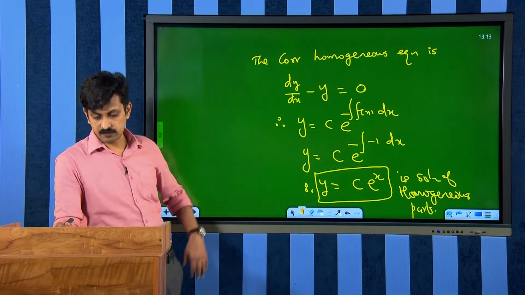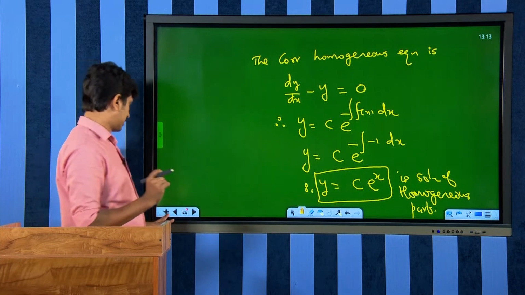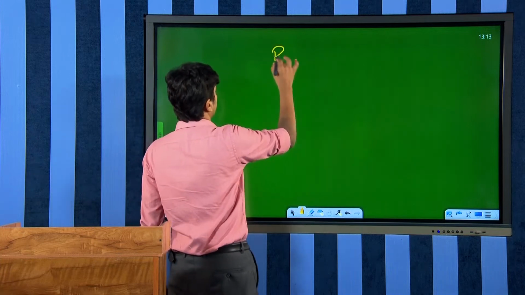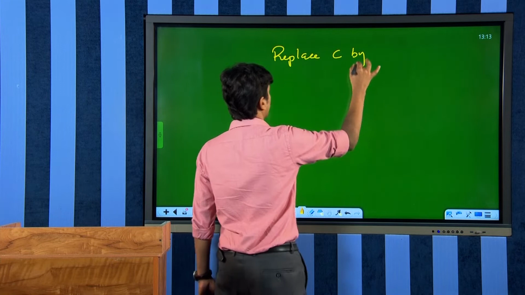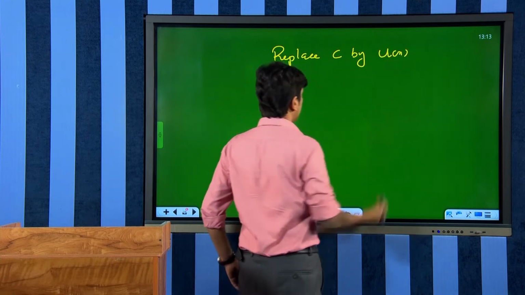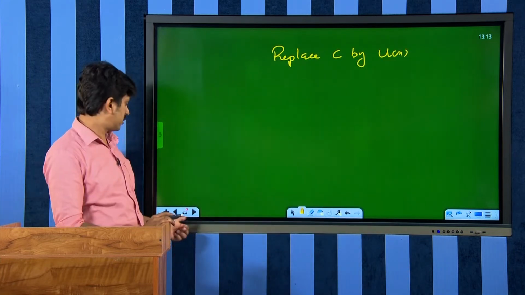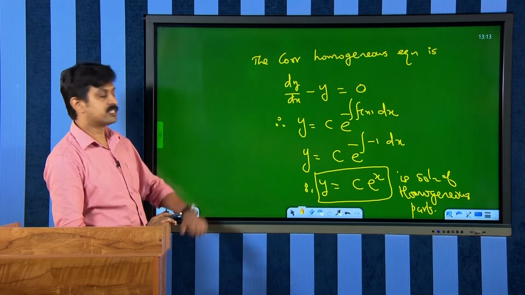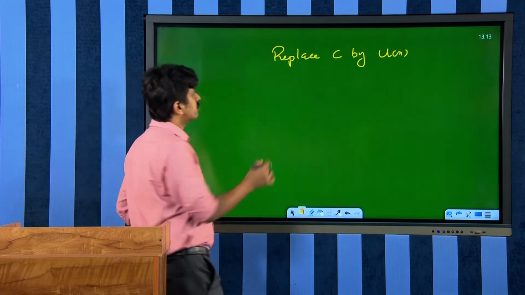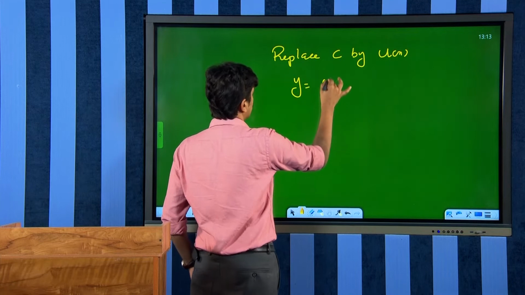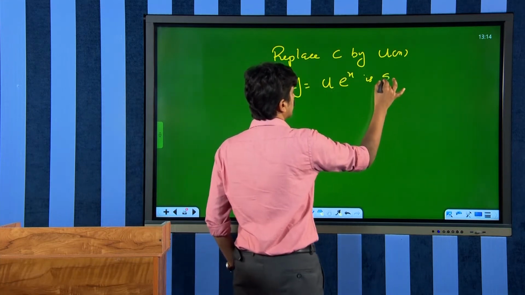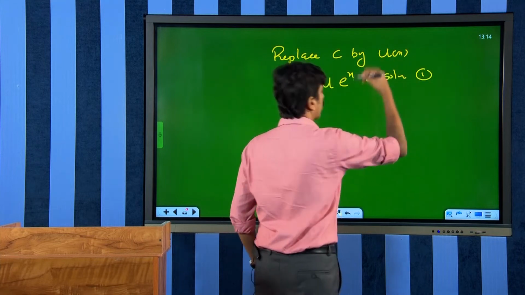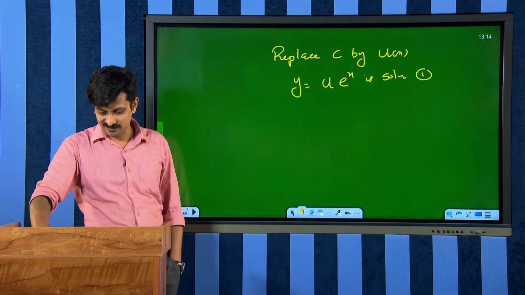So, we replace c by u of x. Therefore, y is equal to u e raised to x, which is the solution of the non-homogeneous equation 1.